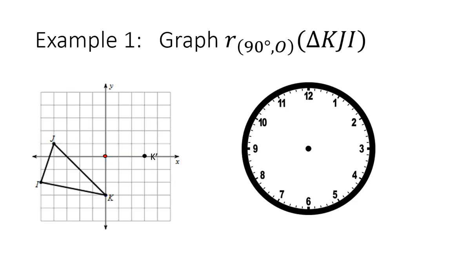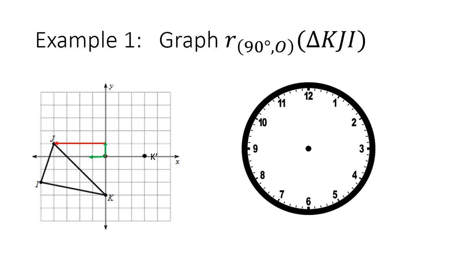All right, now let's look at J. I went up, and that's pointing towards the 12, 1 unit, and then I went to the left 4 units, and it's pointing towards the 9. So when we do a 90-degree counterclockwise rotation, the green arrow is at 12, so when we go counterclockwise, it'll be pointing towards the 9, and I still have to go just 1 unit, and so that will be right there.